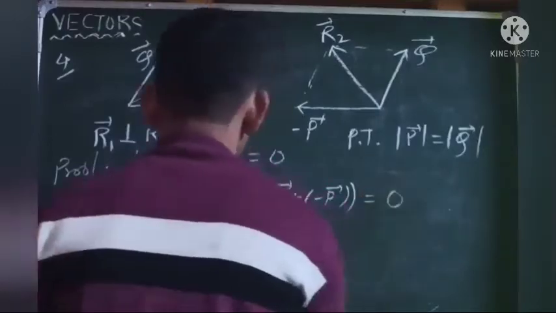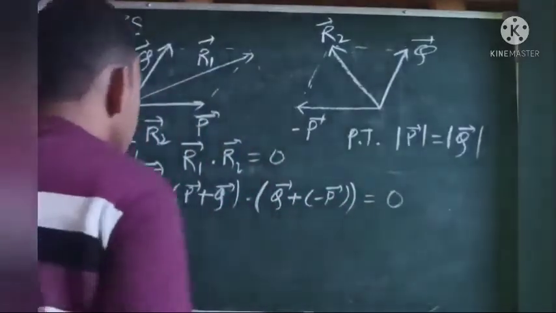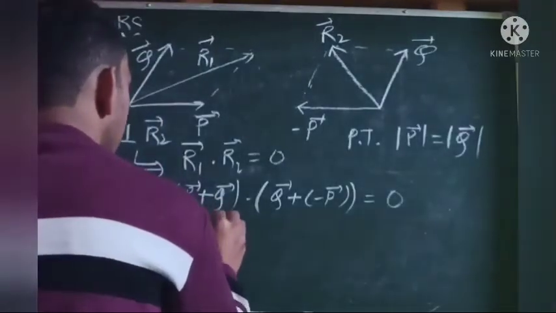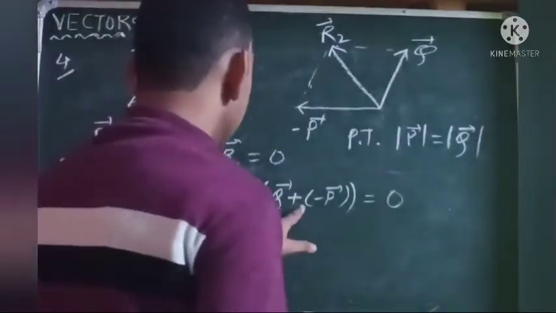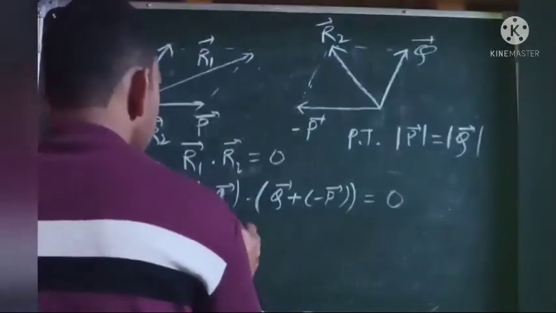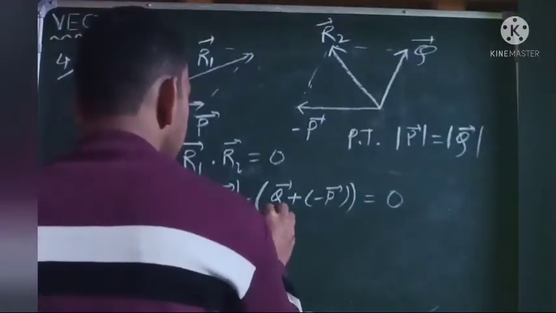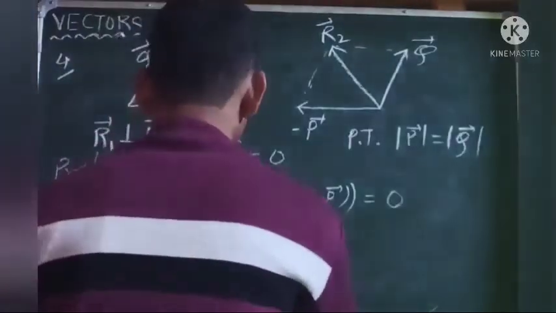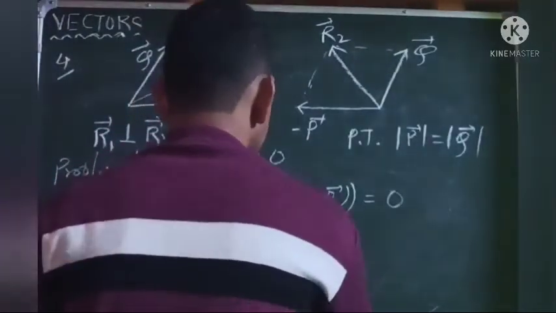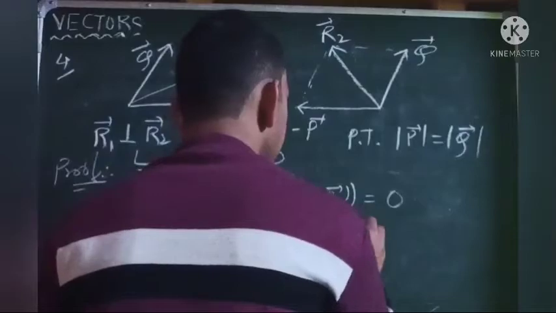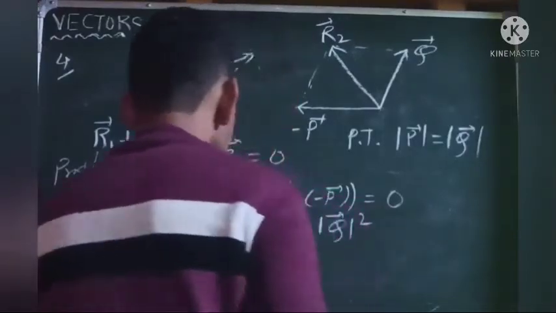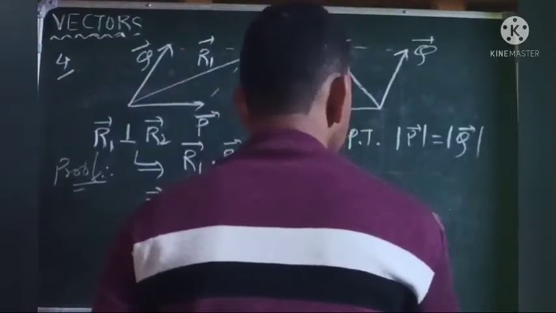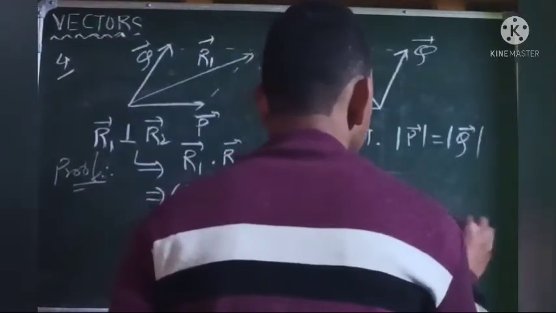is equal to 0. So here we can write P vector dot Q vector minus P vector dot P vector. P vector dot P vector is basically magnitude of P vector whole square, plus Q vector dot Q vector is magnitude of Q vector whole square, minus Q vector dot P vector is equal to 0.